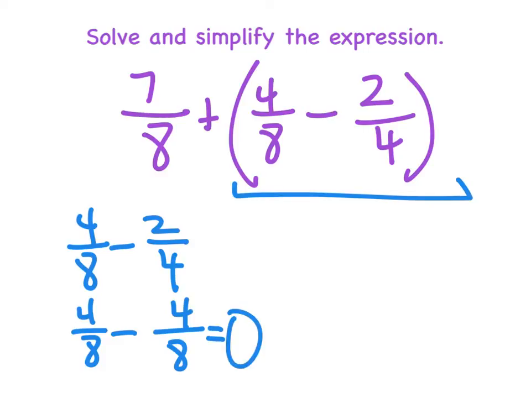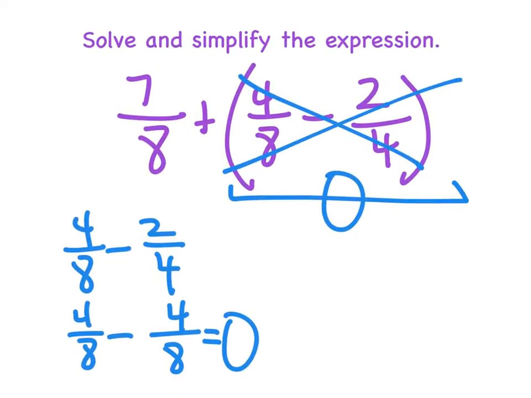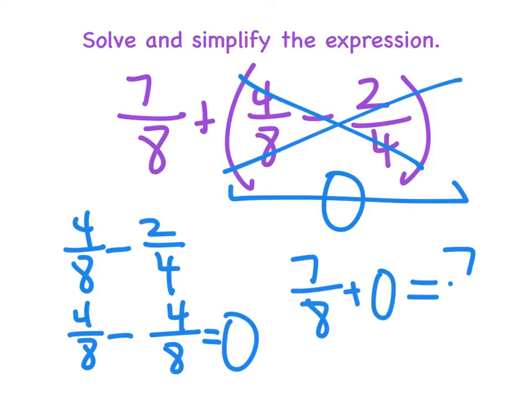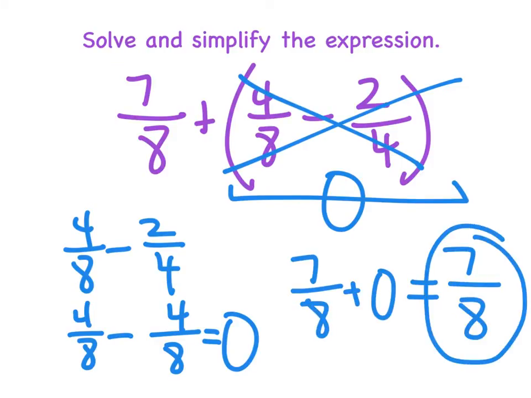So in this one, all I need to do is replace this with a 0. So now I'm just adding 7/8 plus 0, which is 7/8. Sometimes you'll get something other than 0, and then you would just repeat the process by adding whatever you had to your other fraction by finding a common denominator.